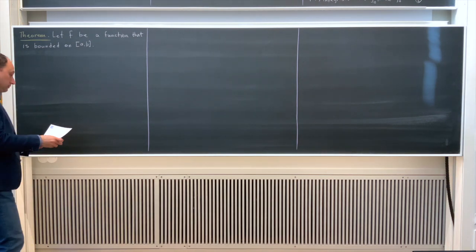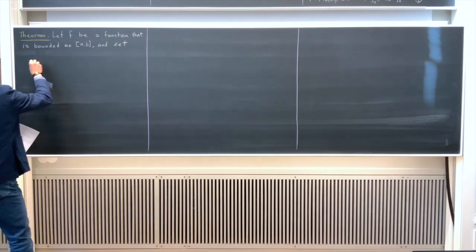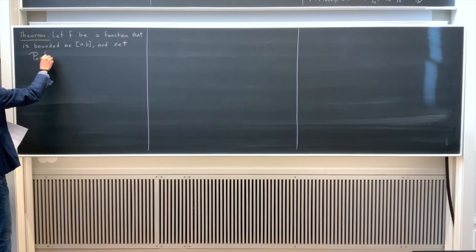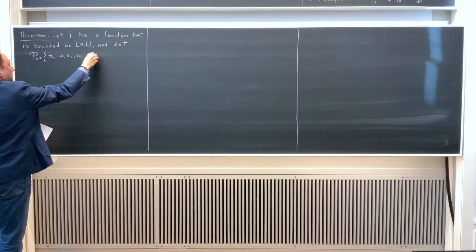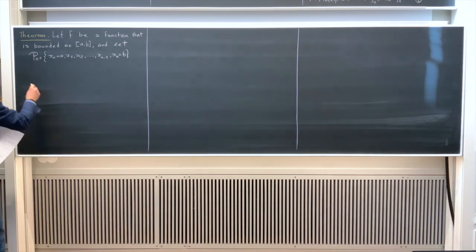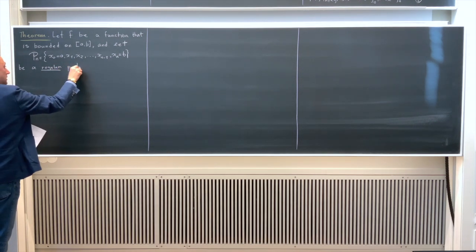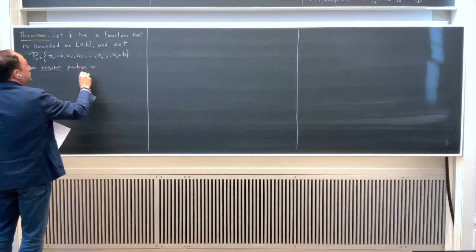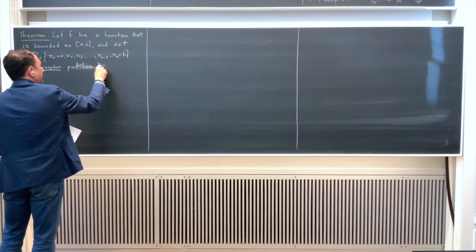And let me write P_n, x_0, which is a, x_1, x_2, up to x_{n-1}, and finally x_n, which is b, be a regular partition of, I usually write the partition wrong, yes, partition of a and b.